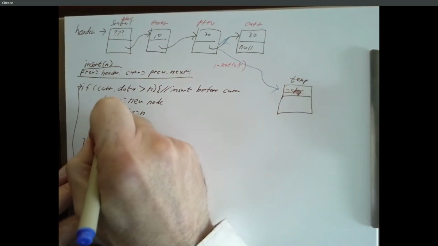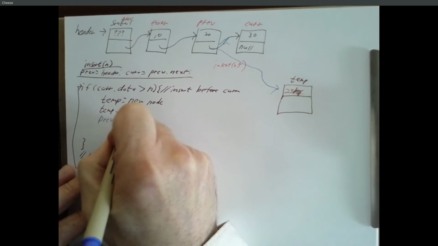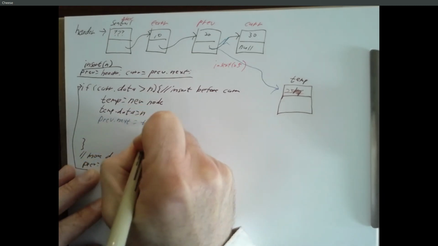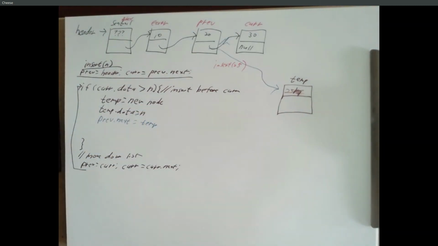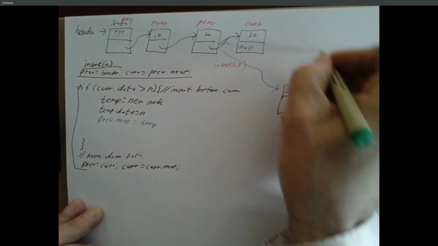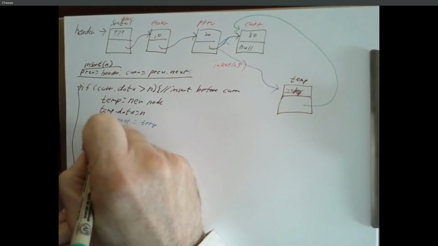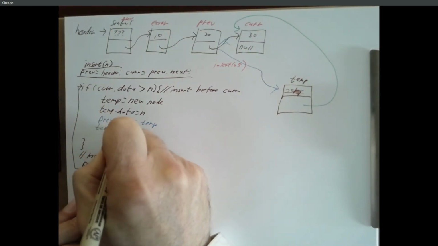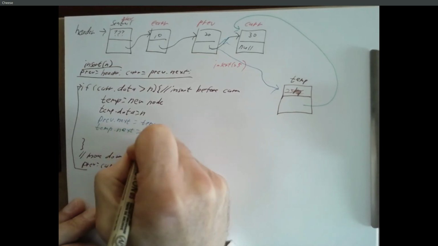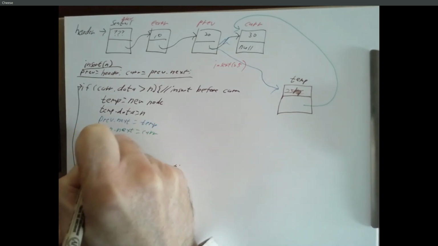And that's just previous dot next equals temp. And then we want to take temp's next and point that to current. And that's just temp dot next equals current. And then we can return.